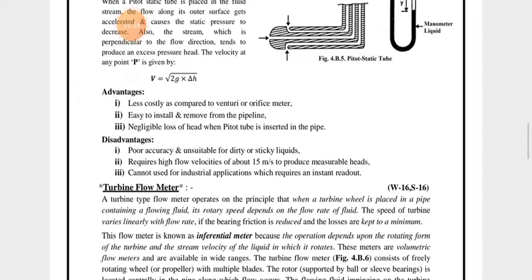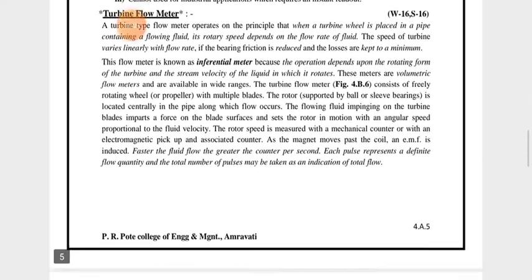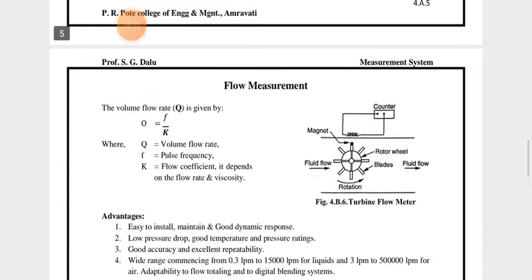Okay. So the next one is the turbine flow meter. The turbine flow meter is also asked a number of times in the university exam, that is winter 16, summer 16. In the case of the turbine flow meter, you can observe two horizontal lines, above and below the rotor wheel.